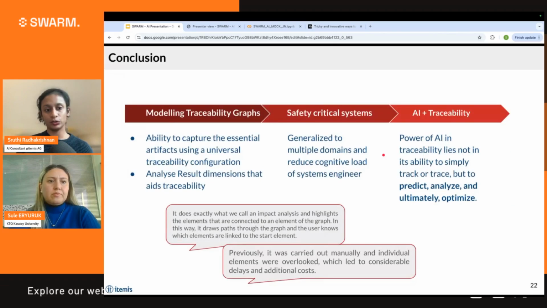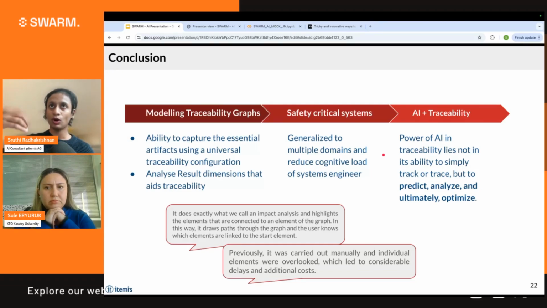And coming to the conclusion, the aim for us was to model a traceability graph that represents the domain. If you look into the traceability graph, you can analyze several result dimensions that one needs from the system, because each stakeholder is different and wants certain information from their traceability graph. For example, a manager just wants to know how the system is progressing, and what time is needed to complete this particular project.